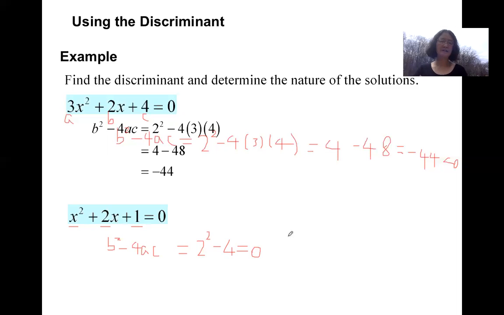In this situation, you only have one solution. That solution is negative b divided by 2a, so negative 2 divided by 2. The result is negative 1. You can verify by plugging negative 1 into the original equation, and you get the left-hand side equal to the right-hand side.